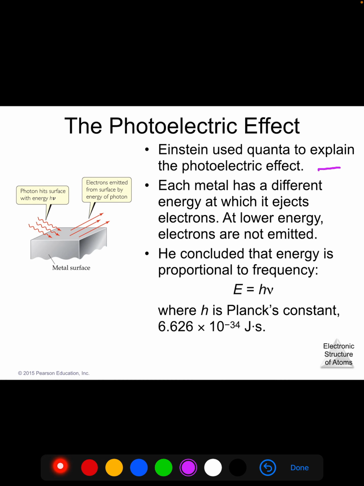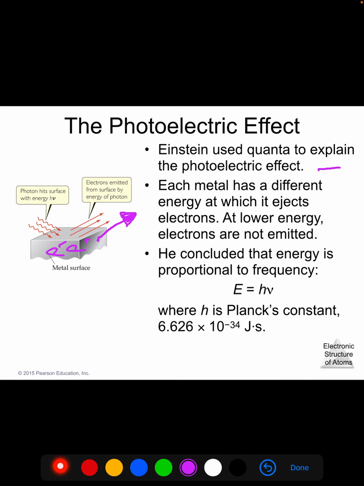If you shine light on the surface of certain metals, you can produce a current. You can excite those electrons in the metal, and if you excite them enough, they will actually leave the metal and produce a current and flow. Okay? The electrons will be emitted.